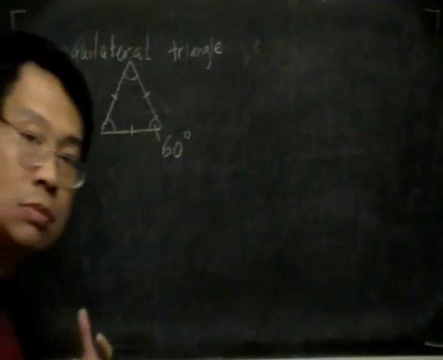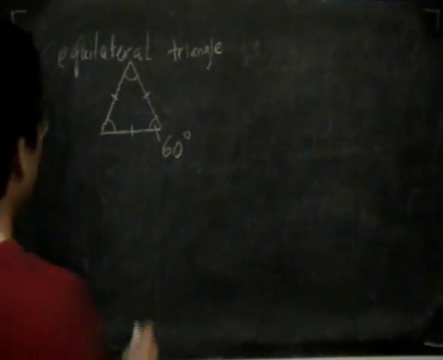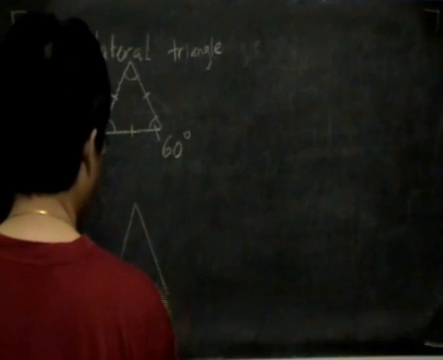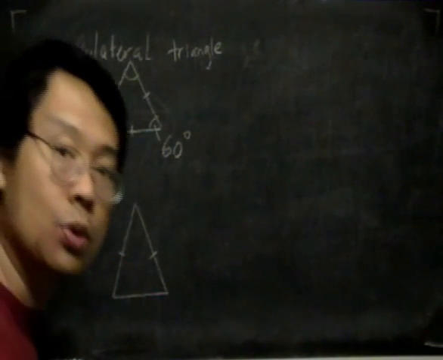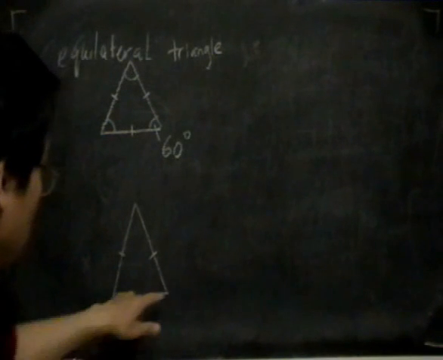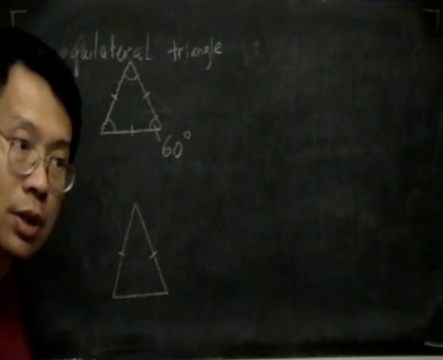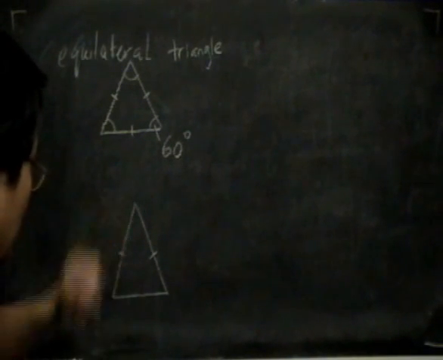Now I'm going on to look at the next type of triangle. This is the type where only two of the sides are equal. So the remaining side could have a different length. Okay, that might be shorter or longer than that.